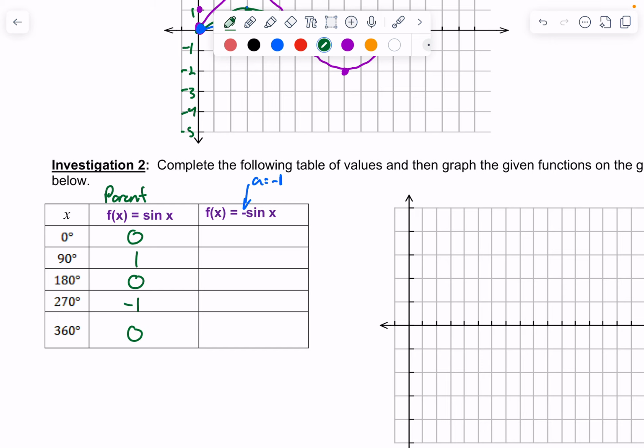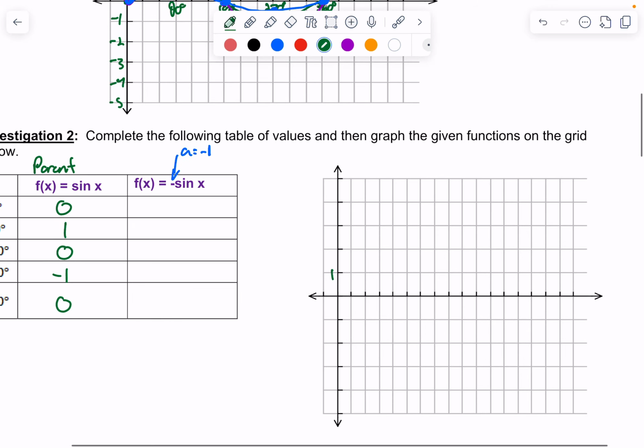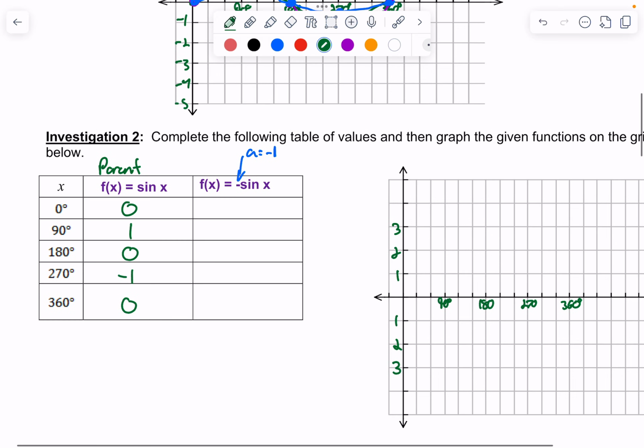So if we add our points here, make each tick 90 degrees, so 90, 180, 270, 360. If we add our points here, we'll have 0, 0, 90 and 1, 180, 0, 270, 0 at 360. So this is our parent function, okay? I'm just going through this quickly because we've done the parent so many times.